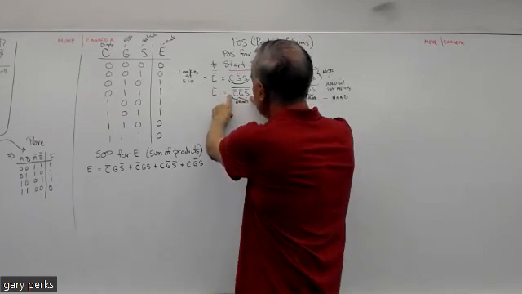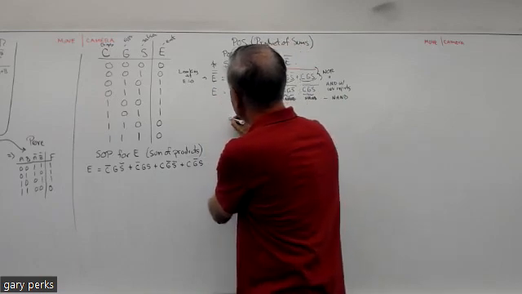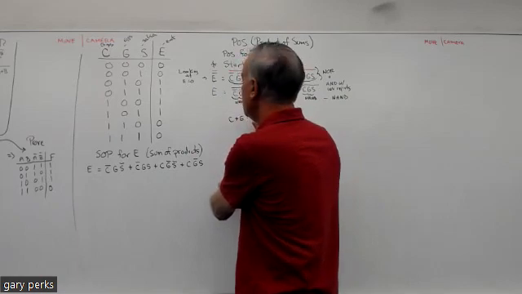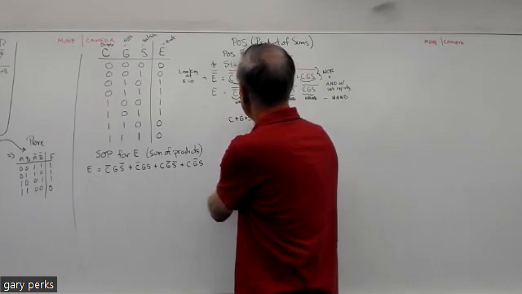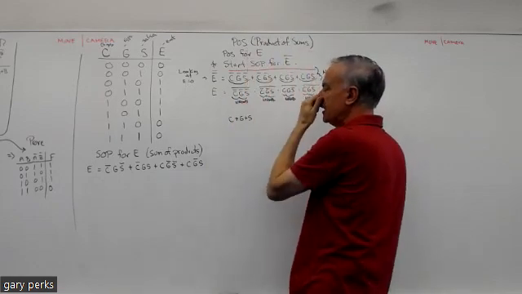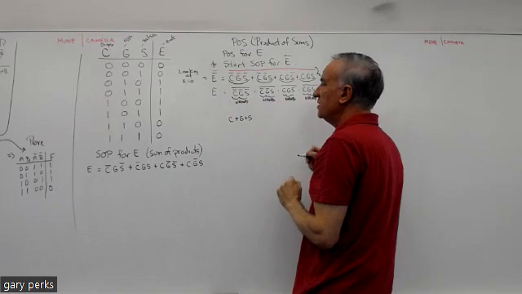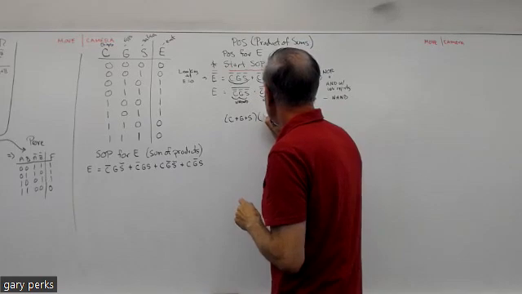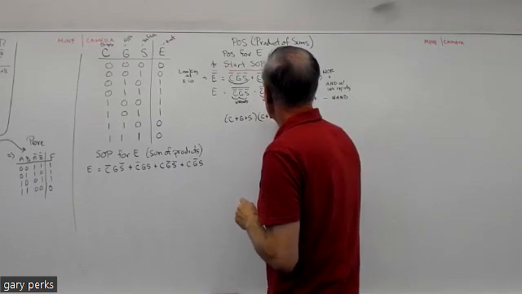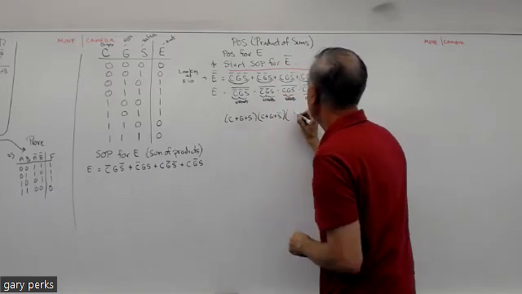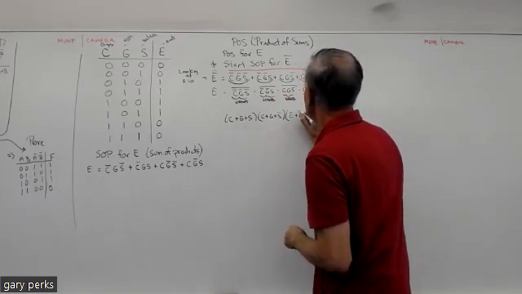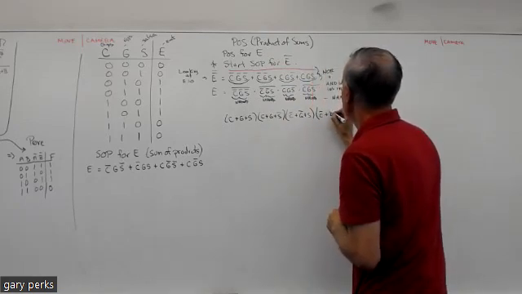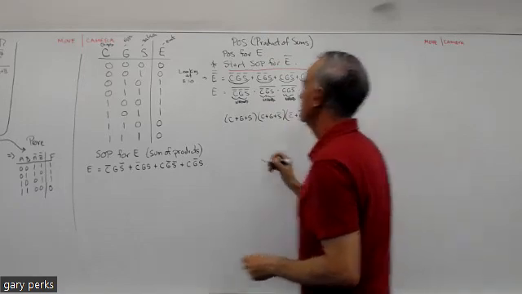Looking at this here, I take C, because I invert not C. I OR it with not G, and then I OR it with G, because that's the inverse of not G, and then OR it with S. I do the same thing here, so it's going to be C or G or not S. Same thing here, so not C, not G, S. And then not C or not G or not S.